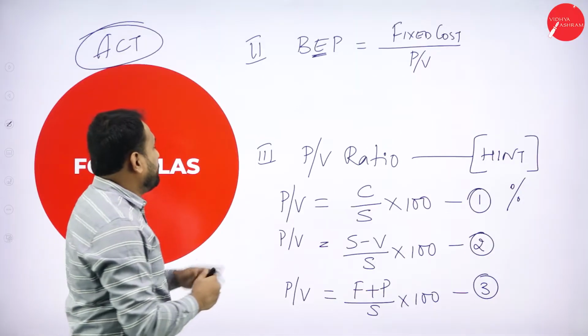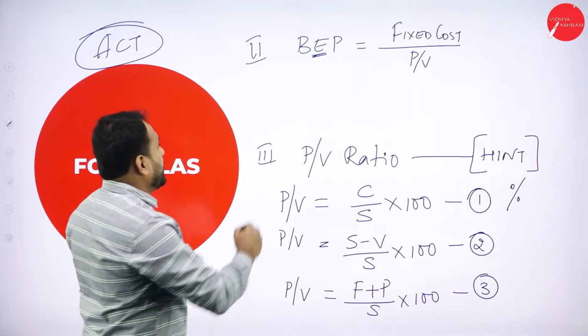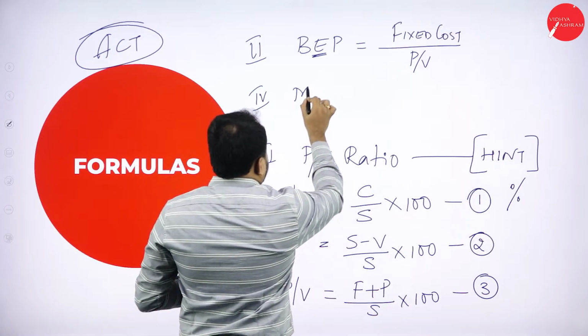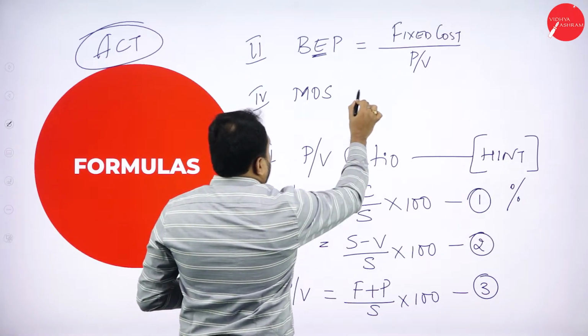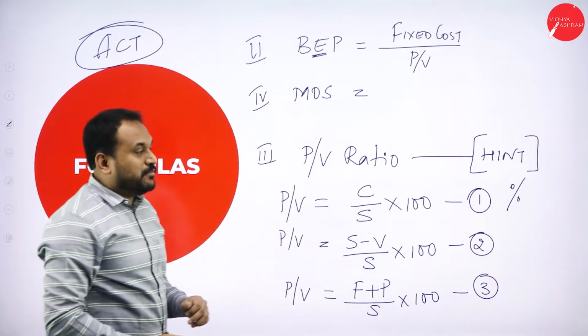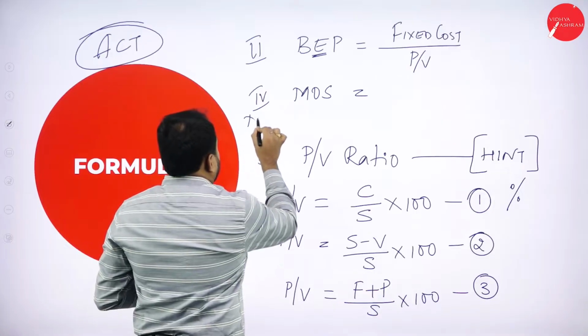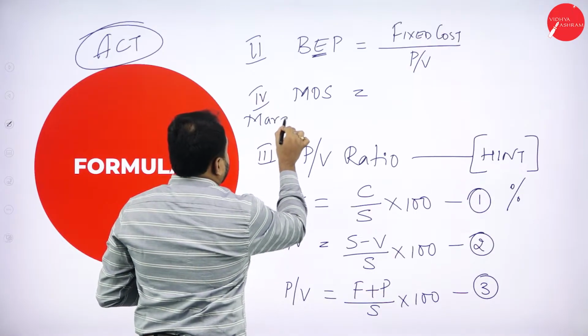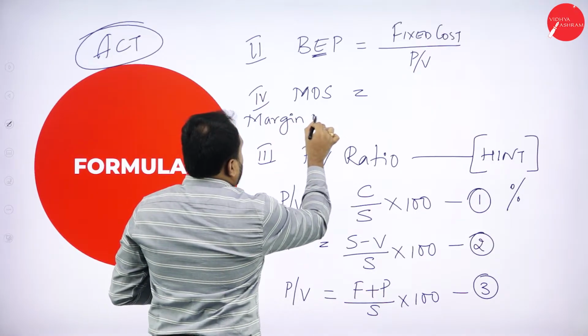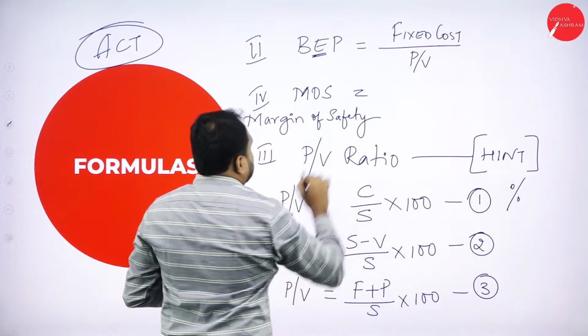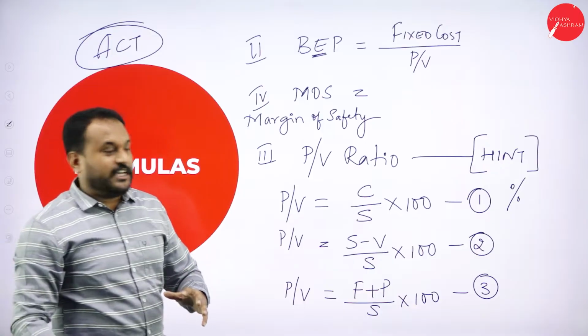Now here we have one more. I have written the third one, now I'll write the fourth one. We have something called MOS, which is equal to. What is this MOS? Margin of safety. Now what is margin of safety all about?